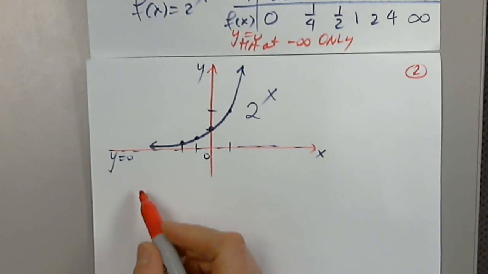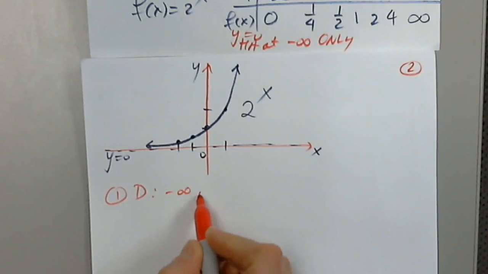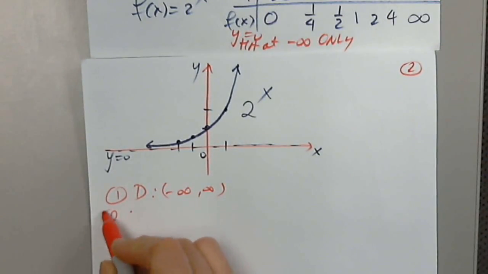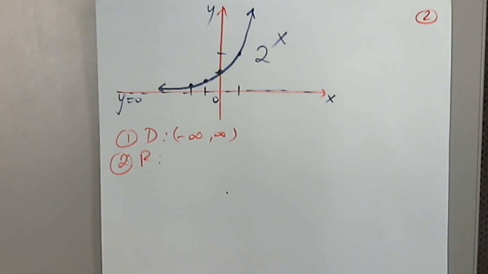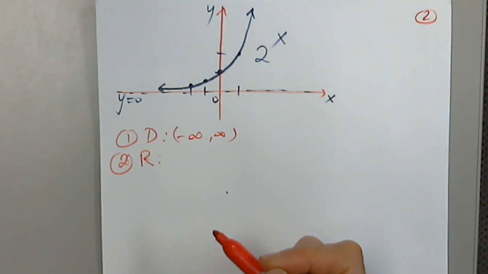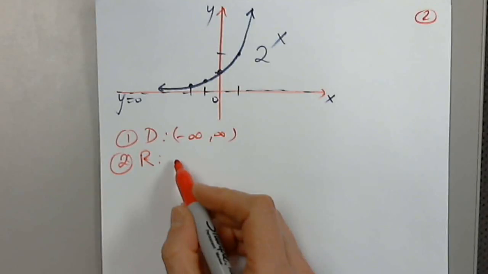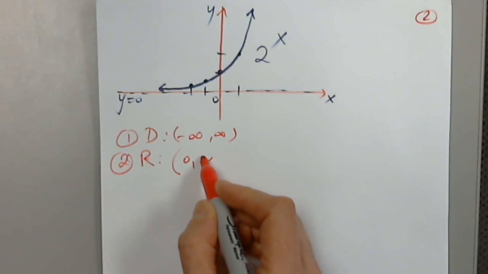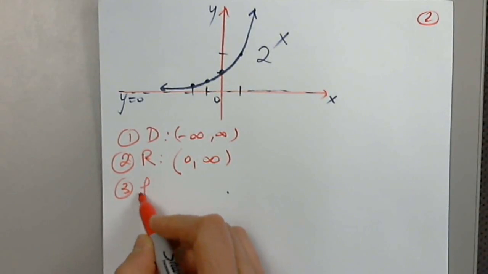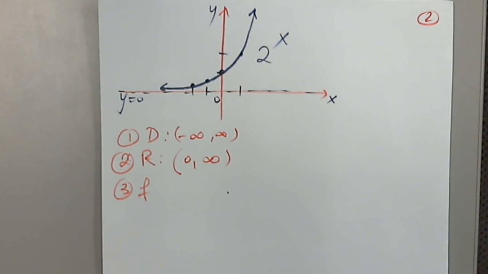Real numbers. Correct. So number 1, domain, -infinity to infinity. Number 2, range. All positive numbers. So how do I write it? Parenthesis 0, infinity. Good.